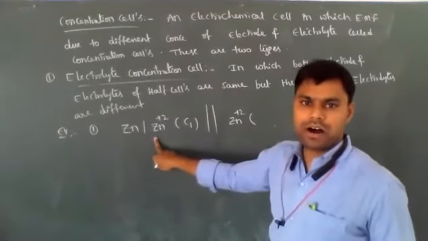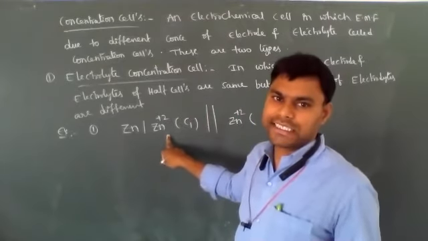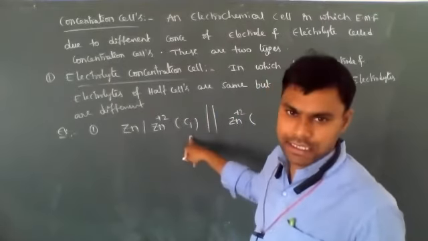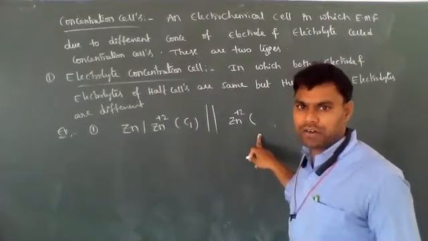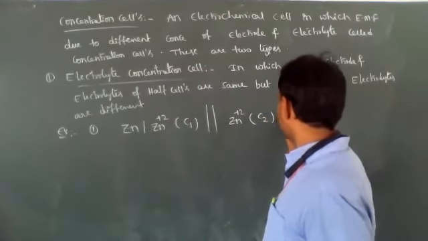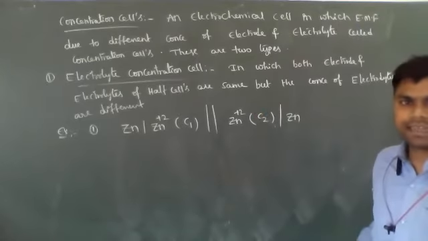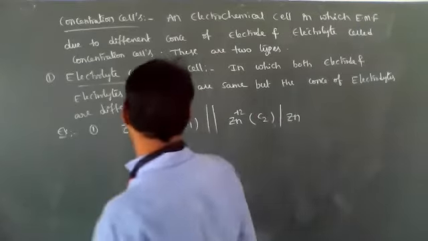In the anodic half cell the zinc sulfate concentration is C1, and in the cathode half cell the zinc sulfate concentration is C2. This type of cell is called an electrolyte concentration cell.